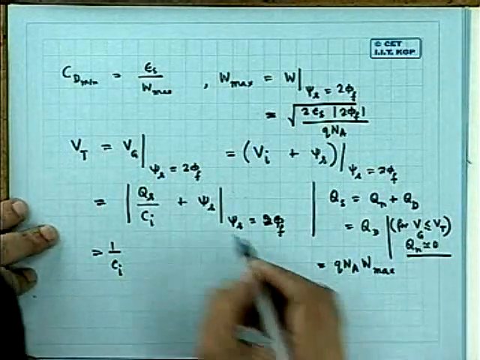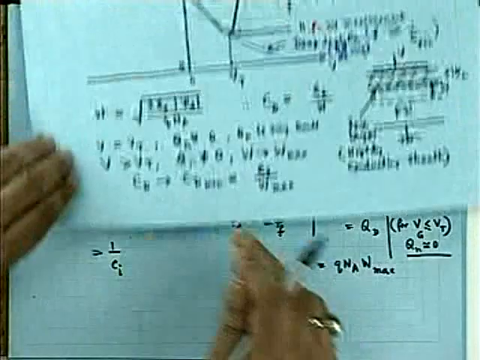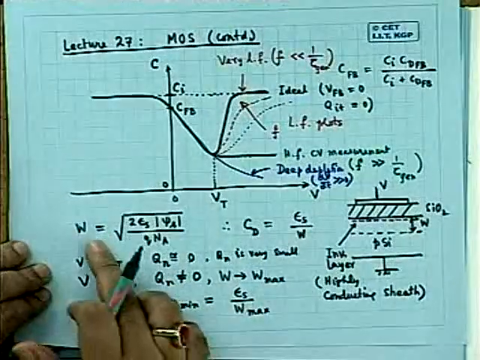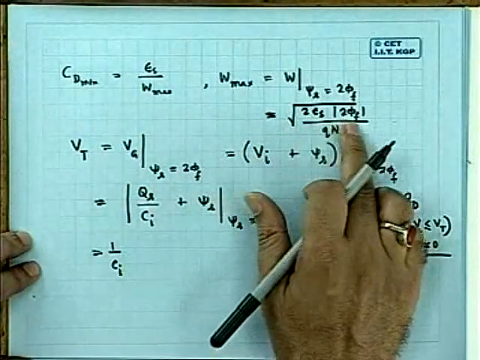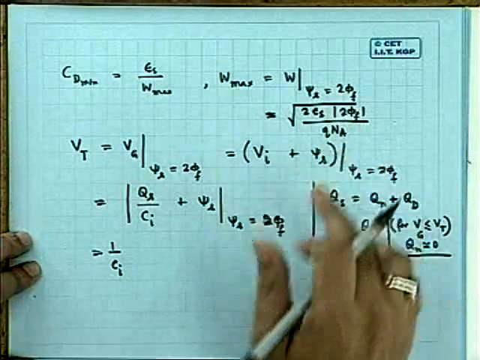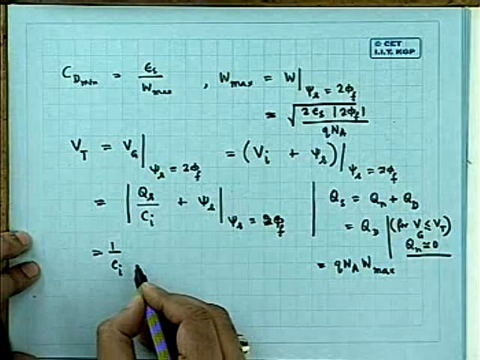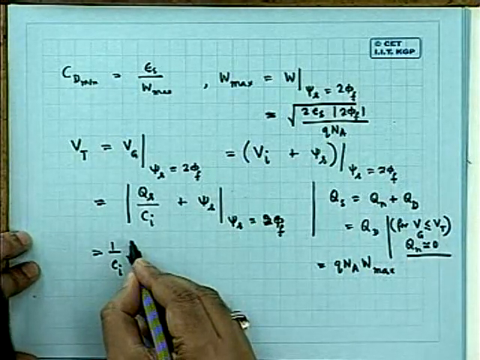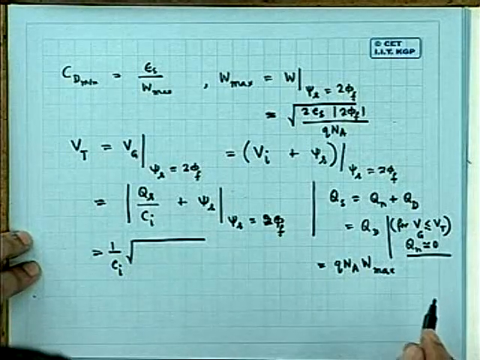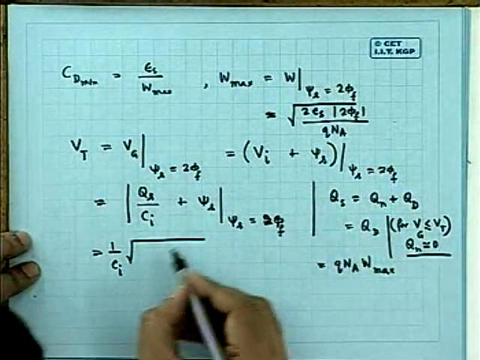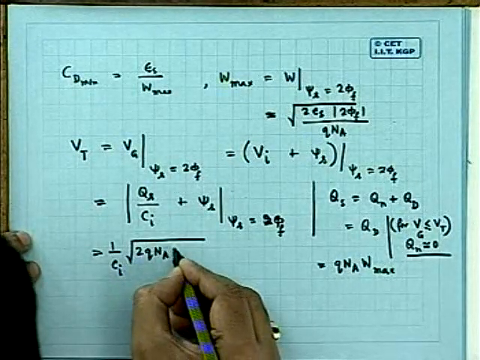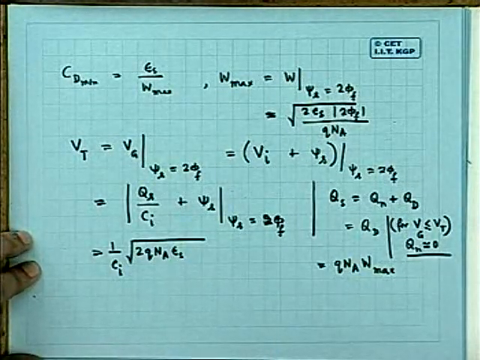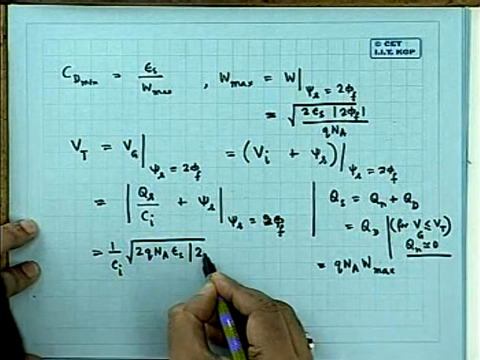So you substitute the expression for W max here. W max is equal to root over twice epsilon s twice phi f divided by Na. So what does it become? Root over twice Qna epsilon s multiplied by twice phi f.